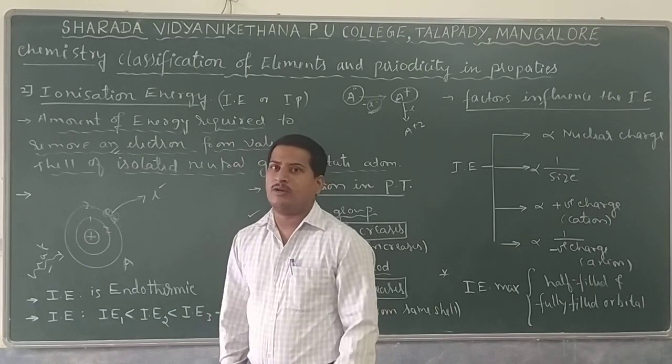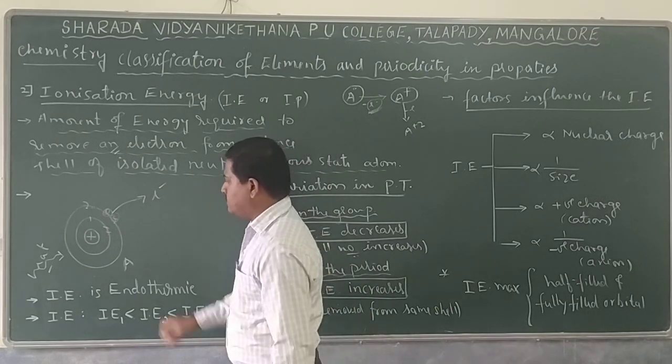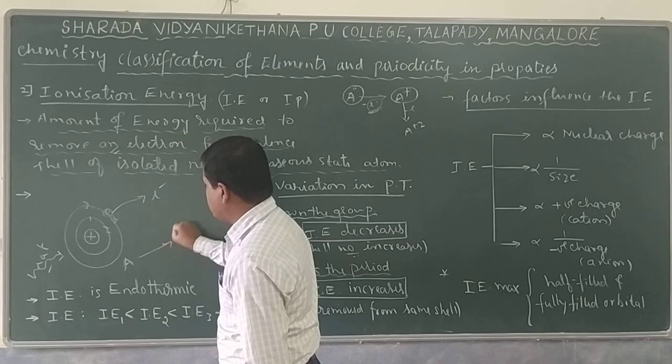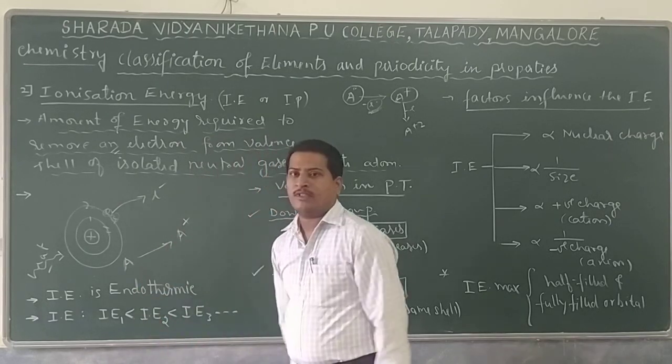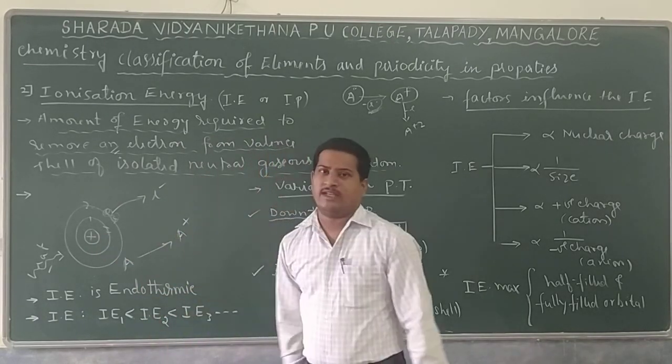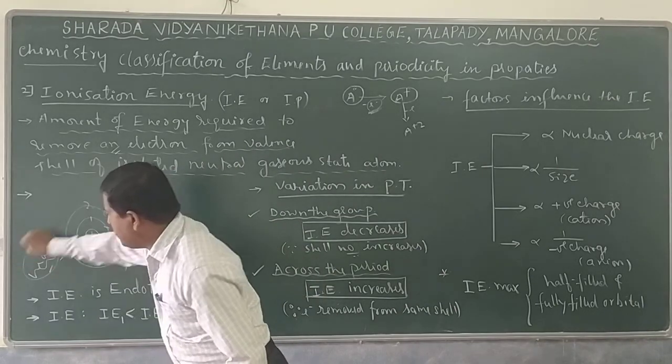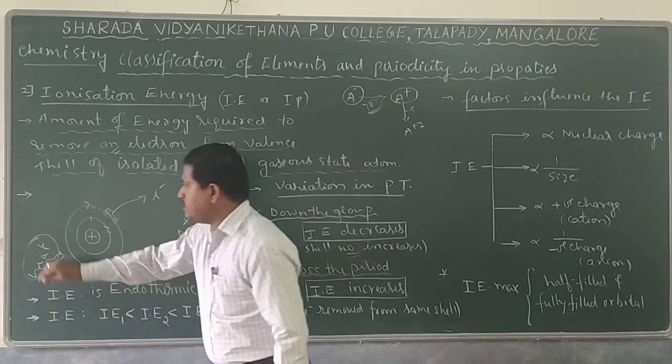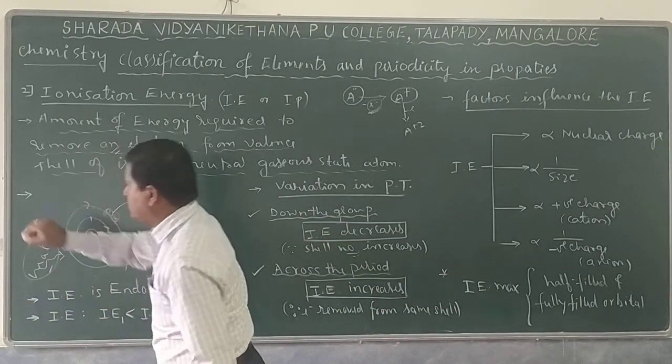All the electrons will not come out at a time. One electron comes out, and that atom A now gets converted to A plus. That process is called ionization. How much amount of heat is applied, that energy is nothing but ionization energy.